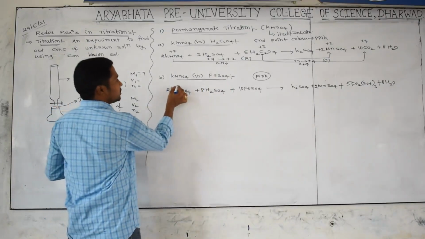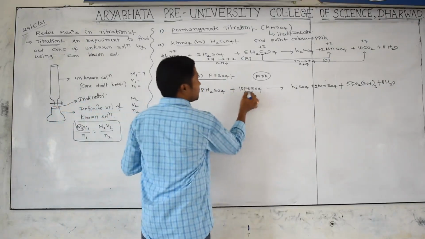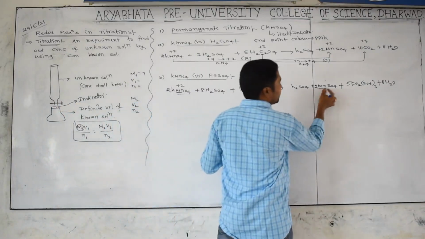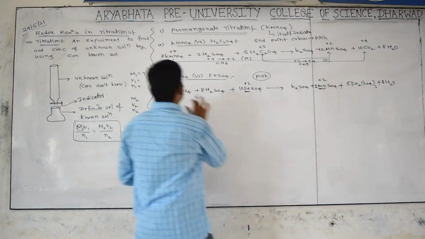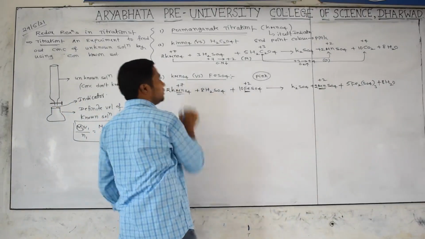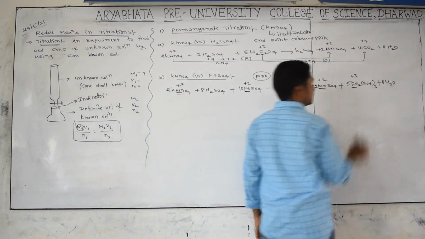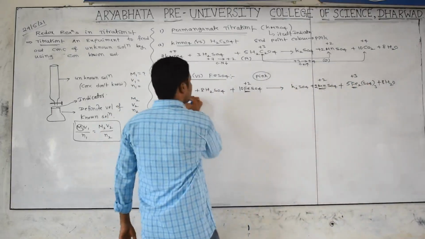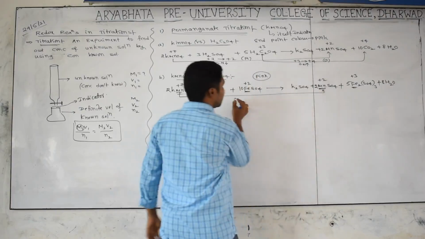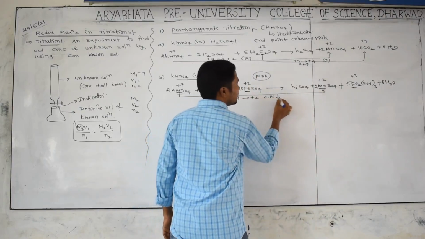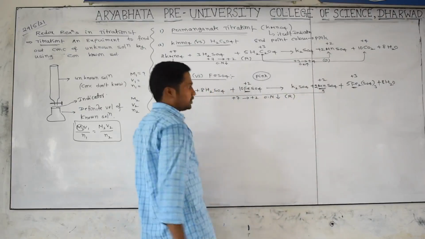What are the oxidation numbers here? The oxidation number of iron is +2. Sorry, here manganese is +7, you calculate it, and here iron is +3. So +7 to +2 means the oxidation number is decreasing, called reduction.